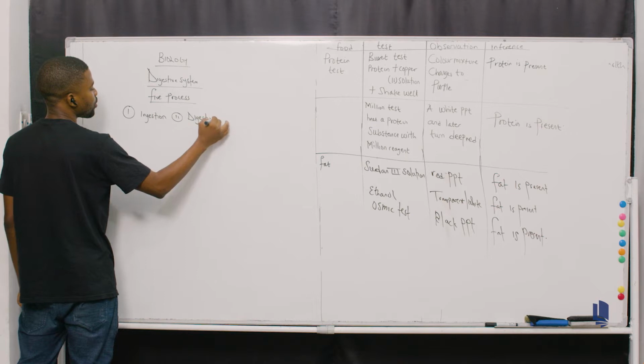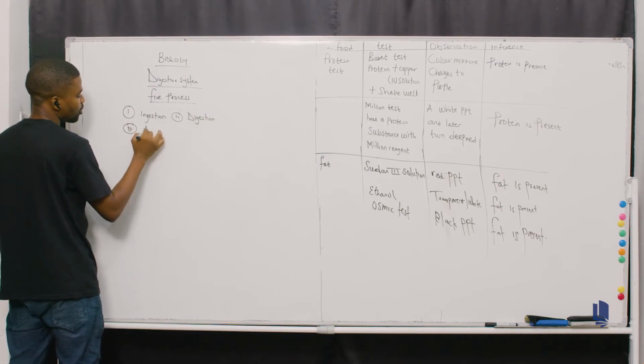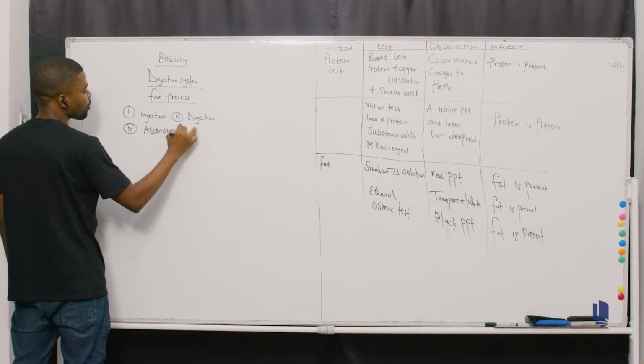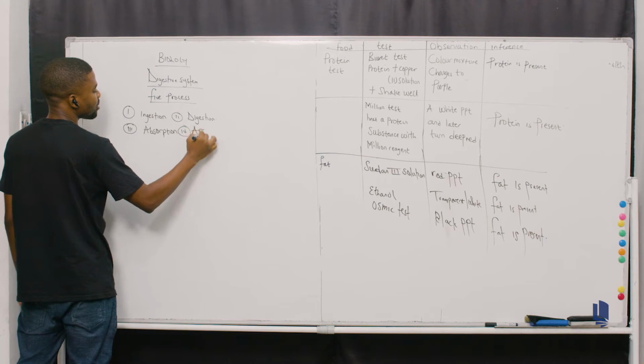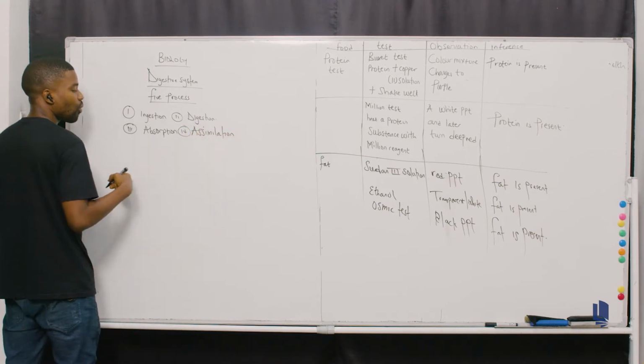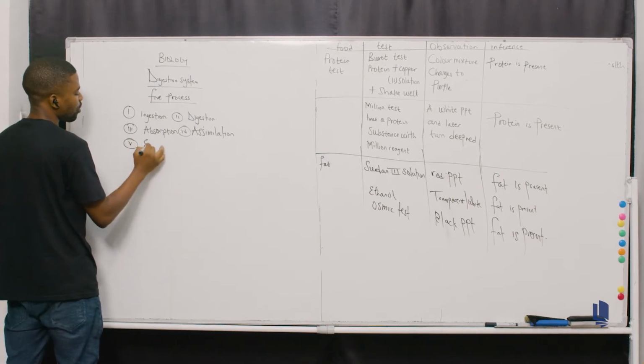You digest the food. When you digest the food, you do what they call what now? You absorb the food. When you absorb the food, you assimilate the food. When you assimilate the food, when the bloodstream has used it, then the last thing you will do is what we call what now?